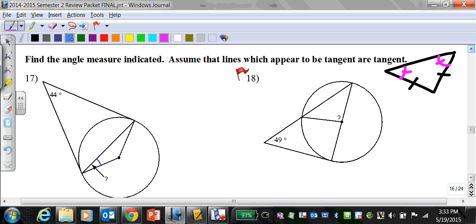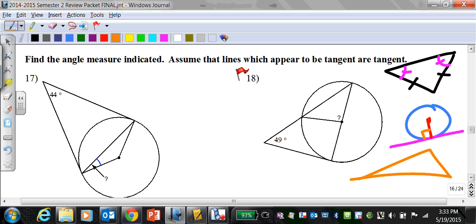Next thing you want to watch out for, most importantly, is that when you have a tangent to a radius, right angle at the edge. And also don't overlook the simple stuff. All triangles add up to 180. So those are the things you want to be hunting for.